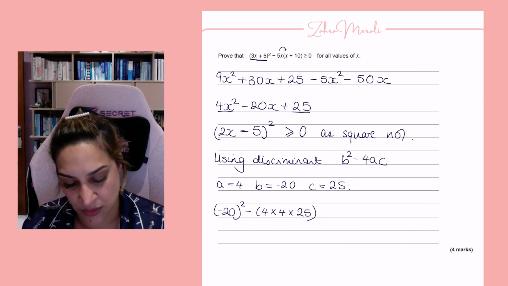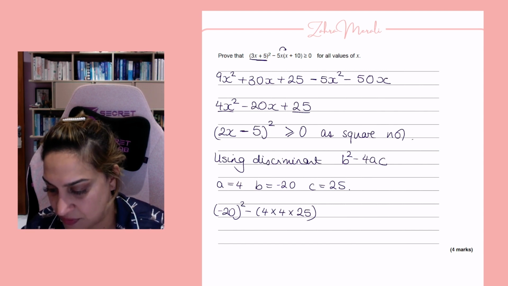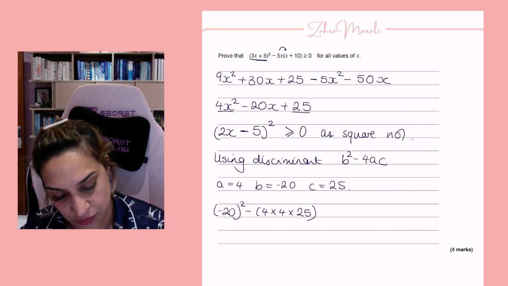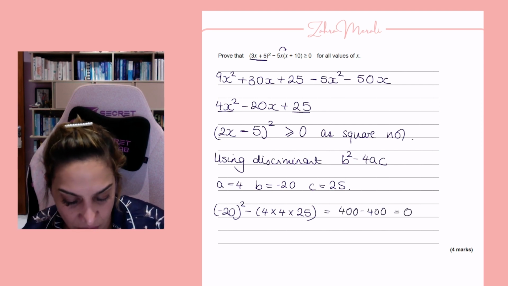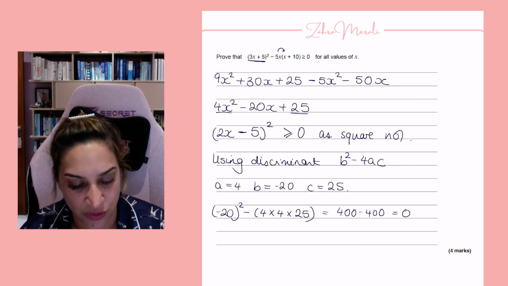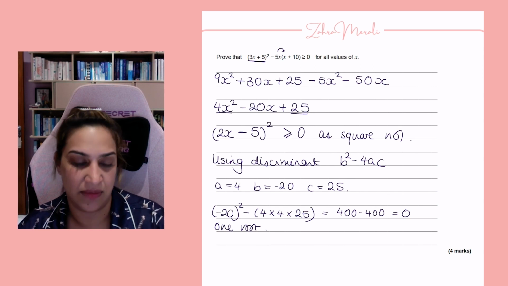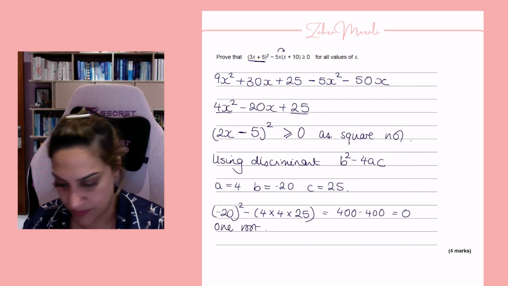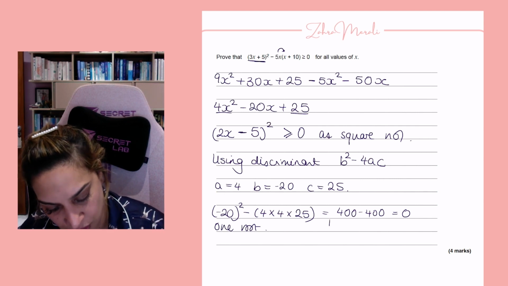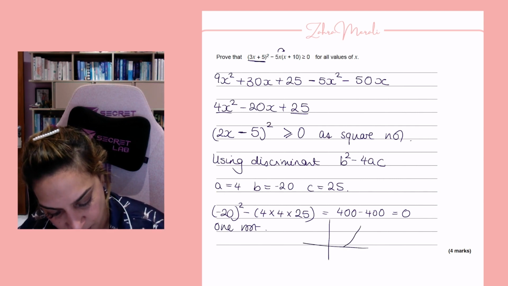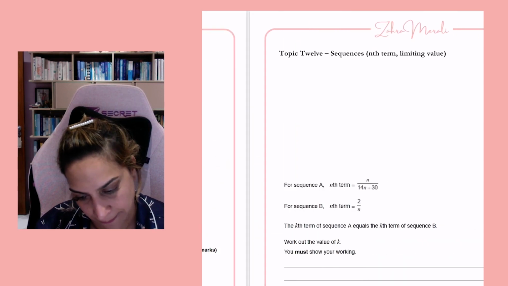So let's work it out: 25 times 4 times 4 is 400. 20 squared is 400, which gives 0. And because there's only one root, we know that it's bigger than or equal to 0. So we know if we were to do the equation, it would be like this, and it would always be positive. Okay.